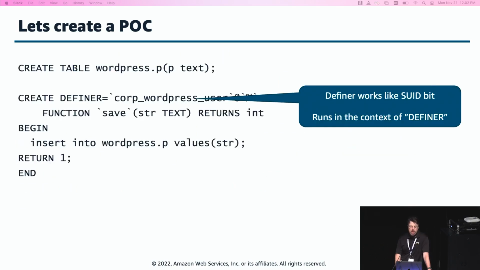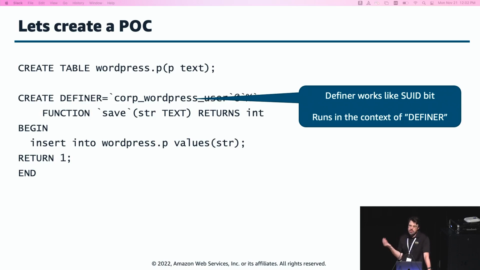To do that, I will create another function which will have a different security in it. So there is a notion of definer. And definer is actually sort of similar to suid on Linux.